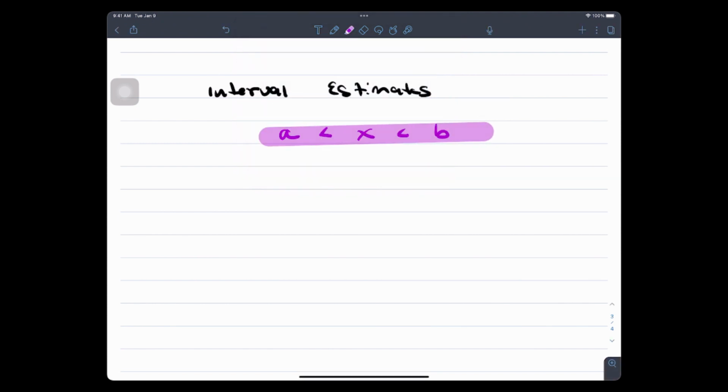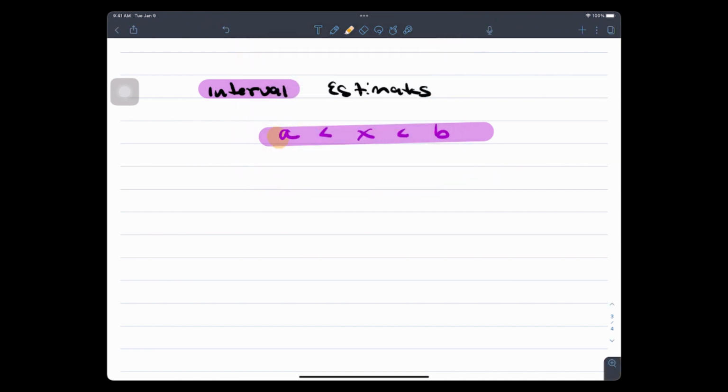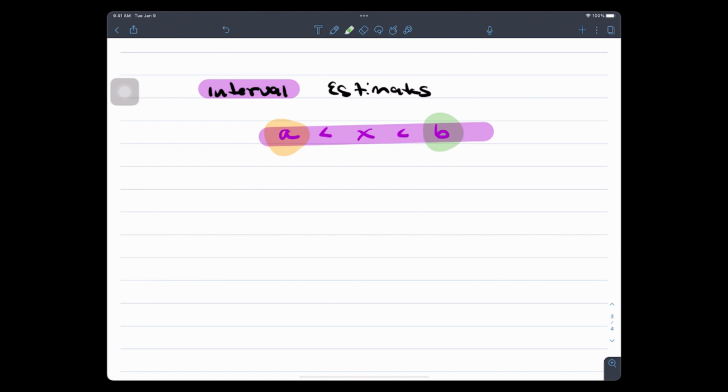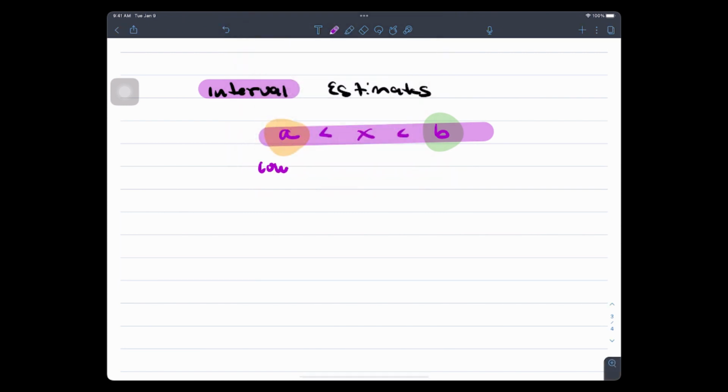Okay, we have these. This is called an interval from what? Beginning algebra and intermediate algebra. So there's an interval. What do you guys know about this value here? You got a, you have what? b. a is the what? Lower value, and b is the what? Upper value. That's an interval estimate. Goes back from algebra.